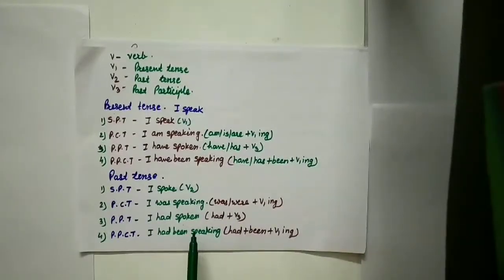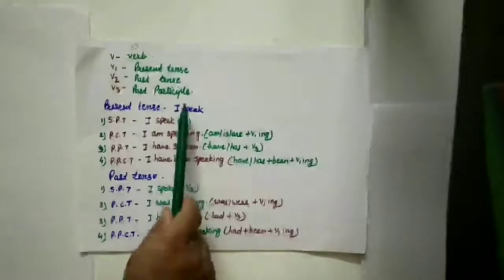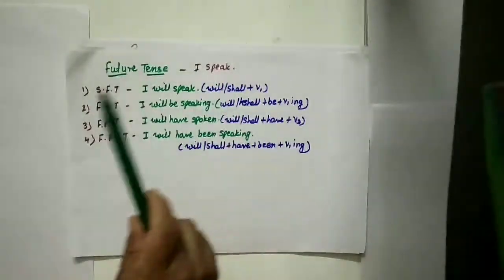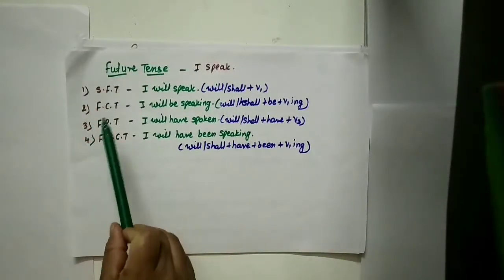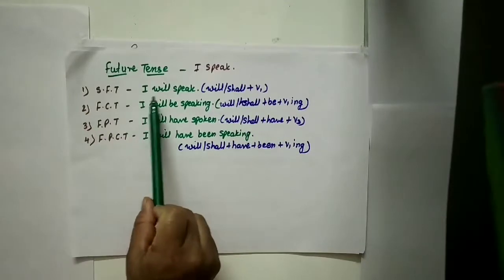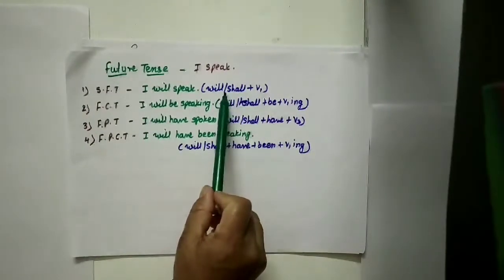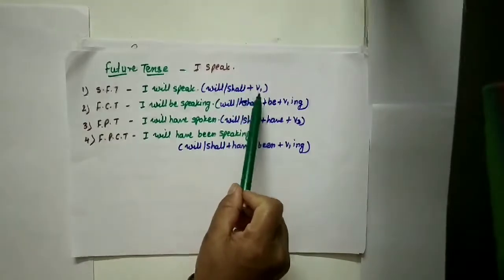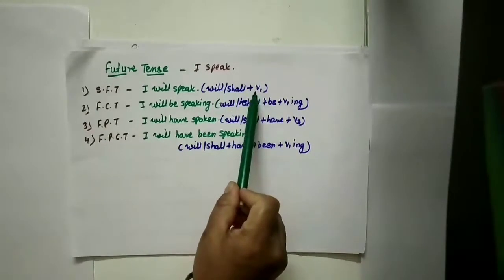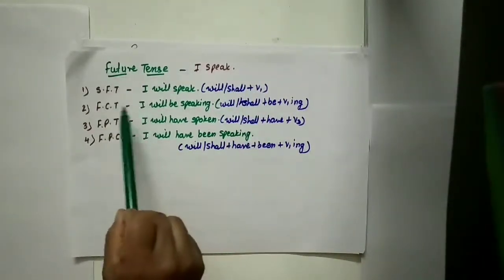Okay. Now the same sentence, "I speak", we are going to convert into future tense. Simple future tense. I will speak. Will or shall plus V1, where V1 means the verb is in the present tense.